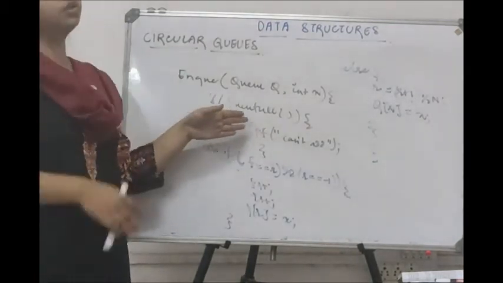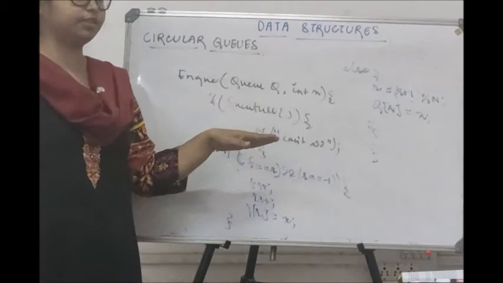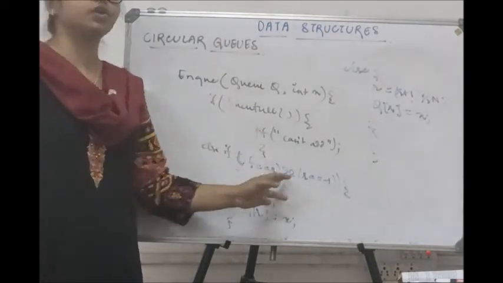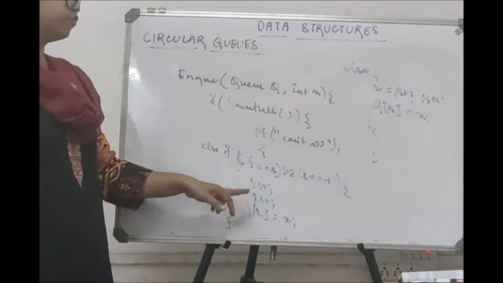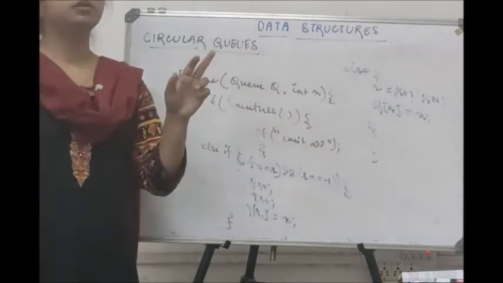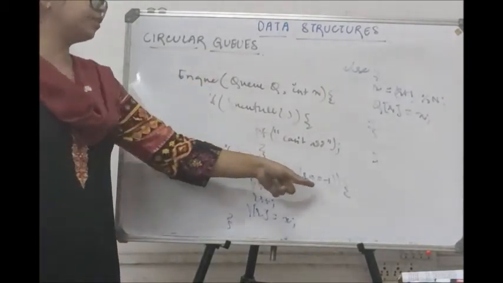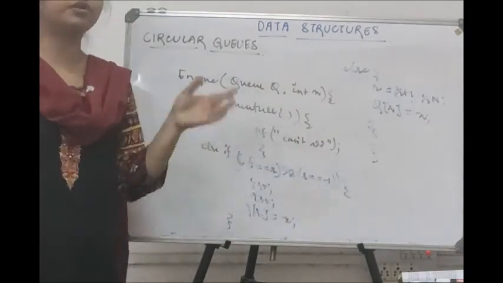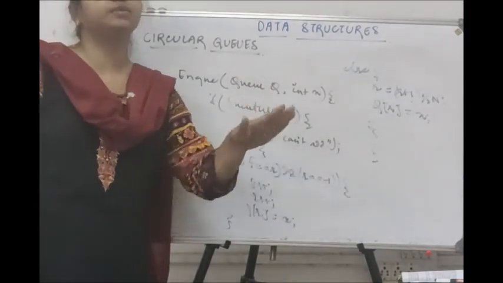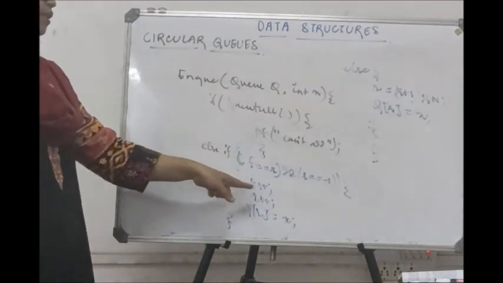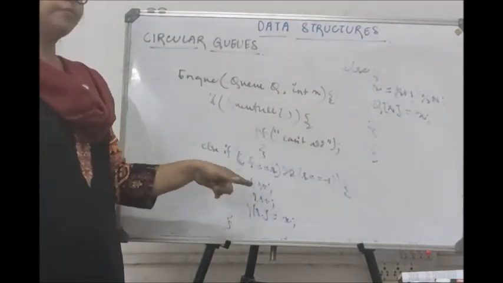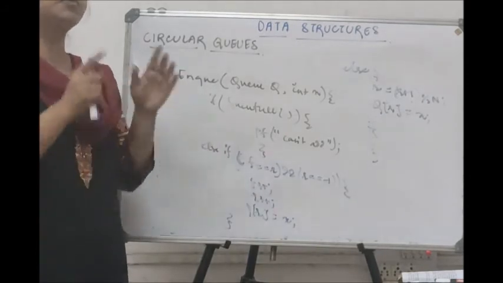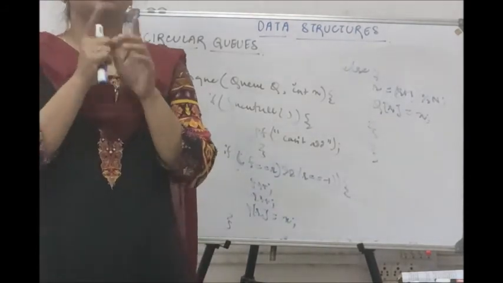We have to check whether the queue is full. If it is full, we cannot add further. Otherwise, if the queue is already empty, we are going to add the first element. So for adding the first element, we have to bring F and R to 0, because they are -1. If they are -1, that means the queue is empty and we are going to add the first element. So we put it in Q[R]. First we have to increment R and F, because front and rear should be the same.